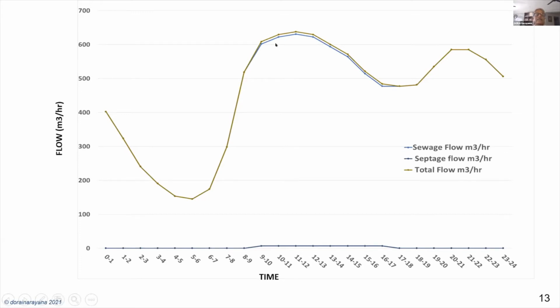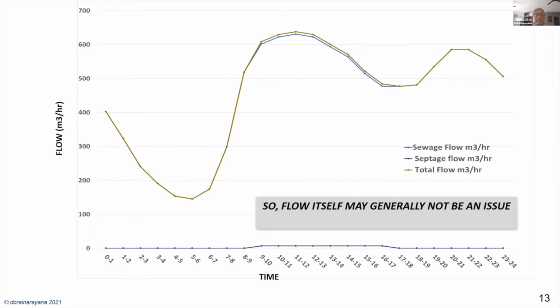And during the peak period, and also during the time when the tankers are discharging, it's a very negligible increase in the flow pattern. So what we can conclude is that the flow itself for co-treatment may not be a big issue of concern, unless you're adding huge quantities, which in any case will have other limiting factors. So flow itself is not the main criterion that we should look for.